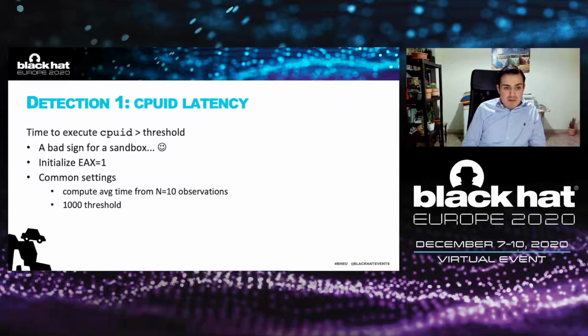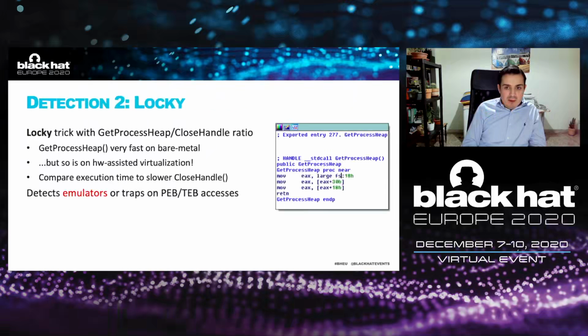Then there is another test, which is a different flavor and appeared in the Loki malware the first time. The Loki authors had this clever idea of comparing the execution time of GetProcessHeap and CloseHandle. Normally GetProcessHeap is super fast, it's just three instructions, and CloseHandle takes longer.